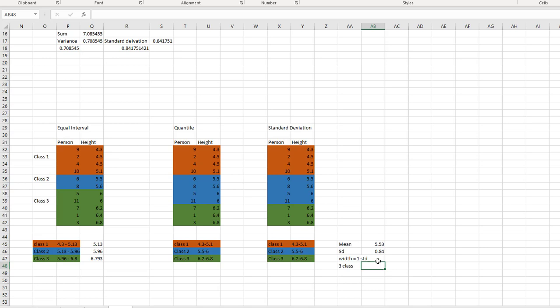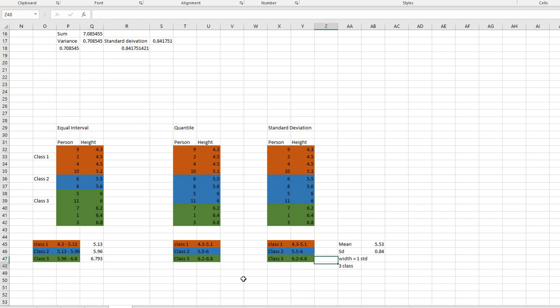So what we're going to end up having to do here is have 1 class be the mean. So we're going to have the mean for class 2 because we want the middle class to be the mean plus half a standard deviation and the mean minus half a standard deviation.